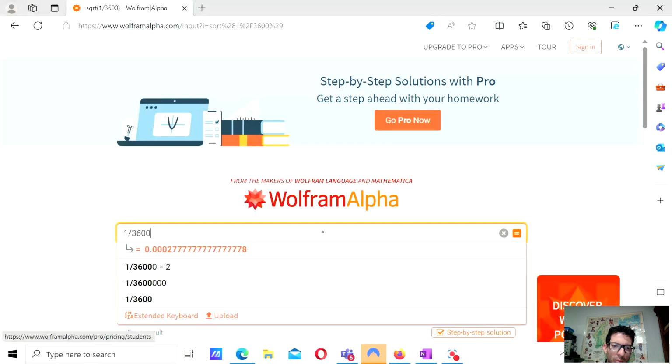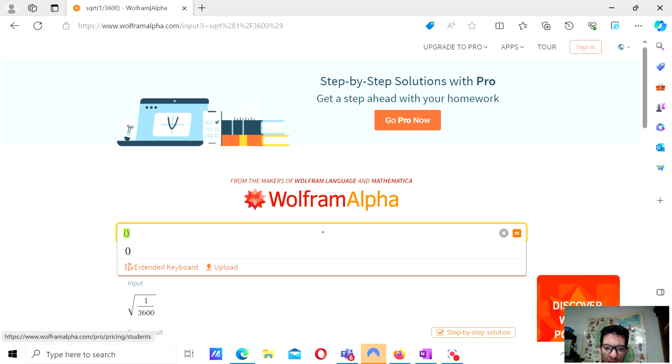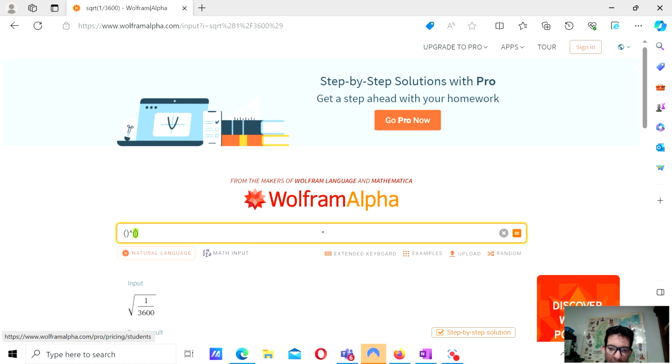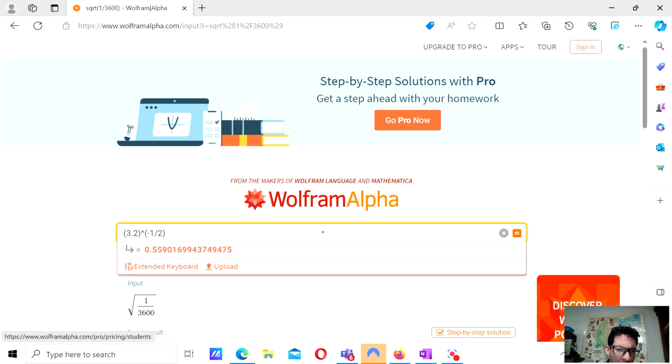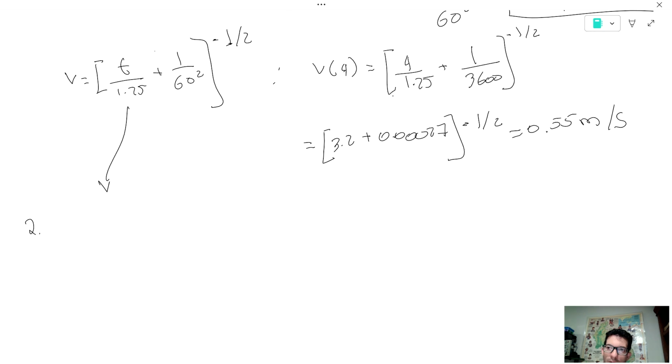All right, just going to keep 3.2. This is the important part here, how to use the parentheses. So 3.2 to the negative 1/2 is 0.55. So this is equal to 0.55 meters per second. Okay, so we got the first part of the answer.